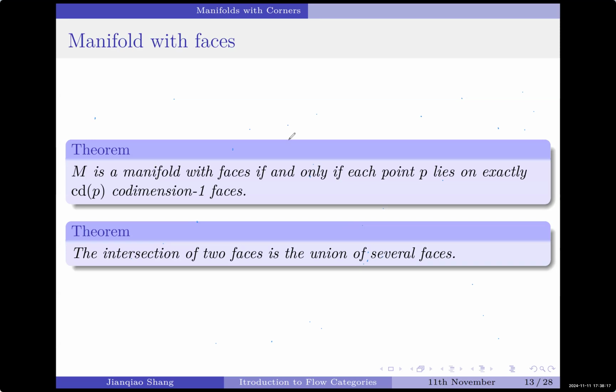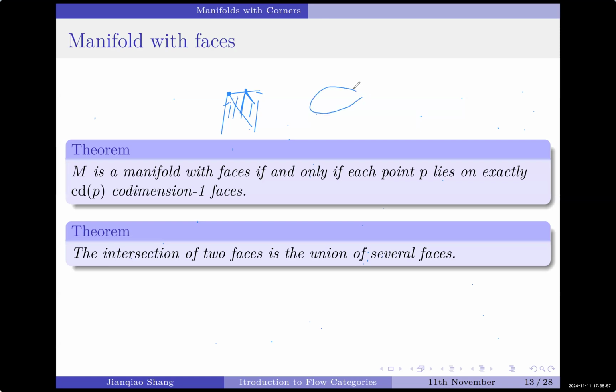Okay, and here there are some other theorems to help you understand it better. If M is a manifold with faces, then locally it must look like a corner of a cube. A point here is codimension 2, and it lies on the boundary of 2 codimension 1 faces, and this one is on the boundary of 3 codimension 1 faces.